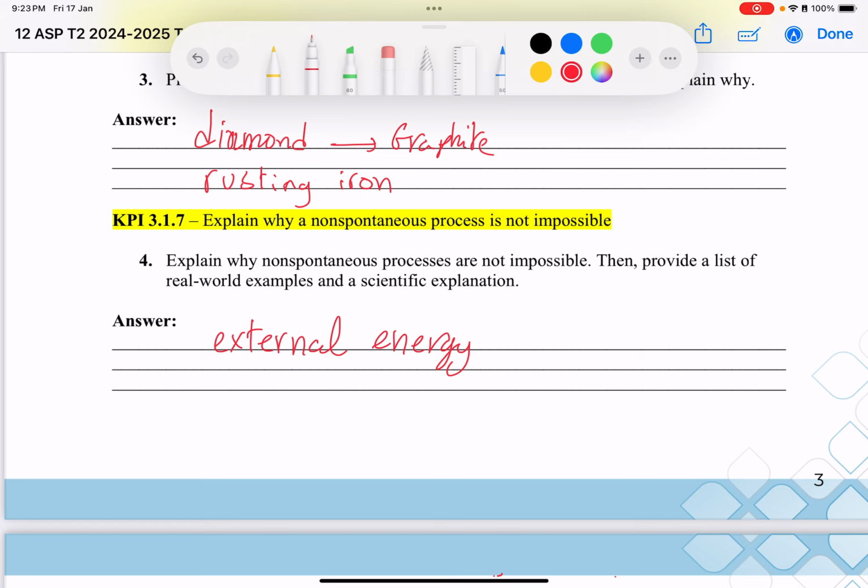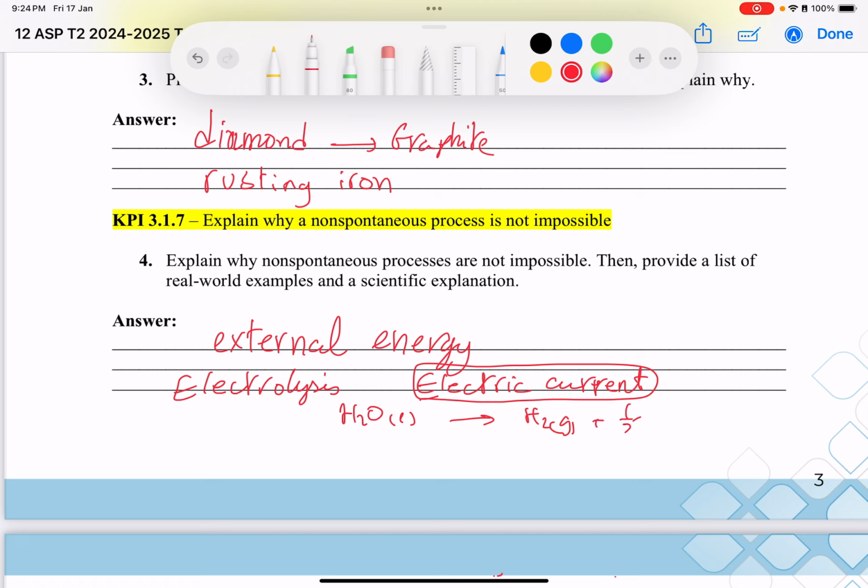For example, this is something that we are going to study in our next lesson: electrolysis, or an electrochemical cell. We use electric current to initiate the decomposition of water. So we need an electric current to initiate the decomposition of liquid water into hydrogen gas and oxygen gas.